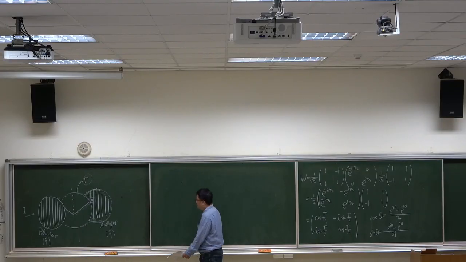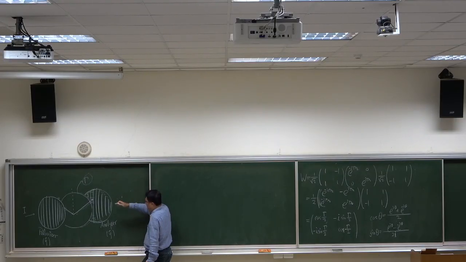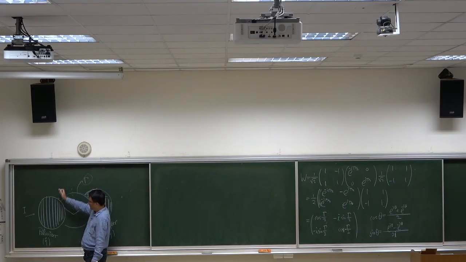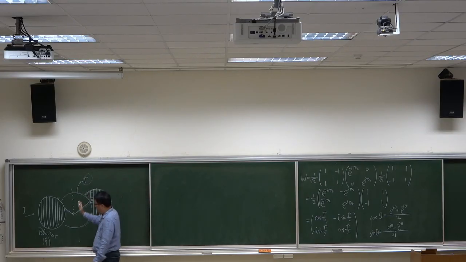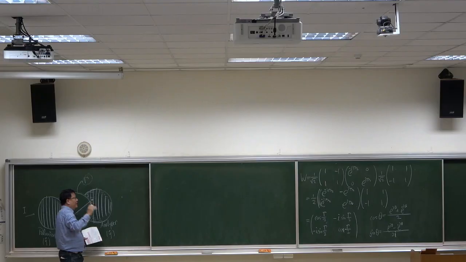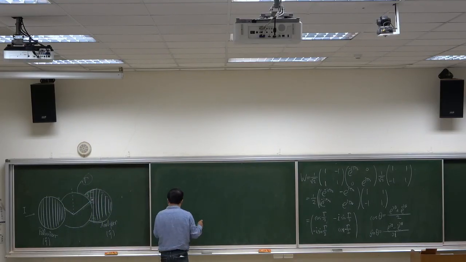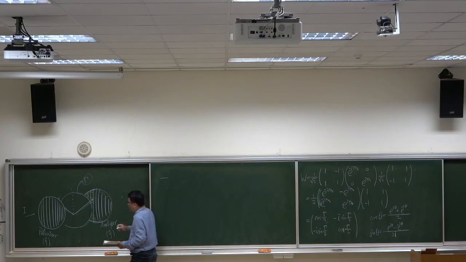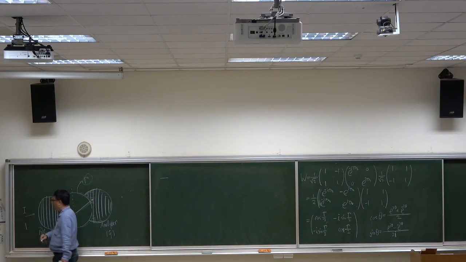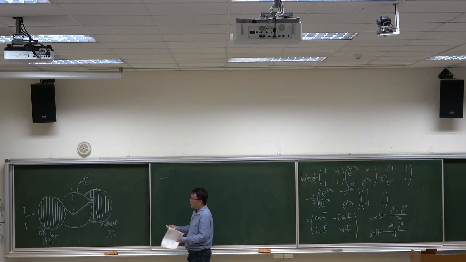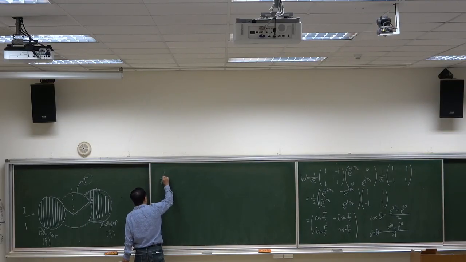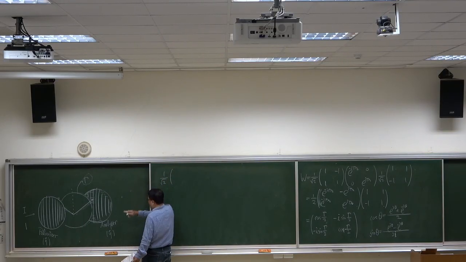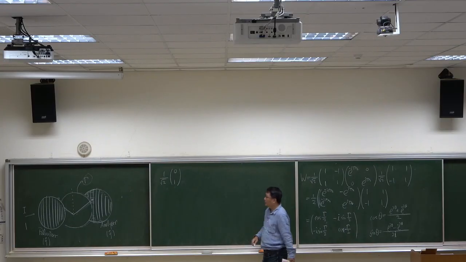Okay. After penetrating through this polarizer, this light gets polarized along the y direction, and the strength becomes 1/2. So, if originally we have strength equal to one unit strength, then the amplitude becomes 1/√2 and polarized along the y direction. Okay.